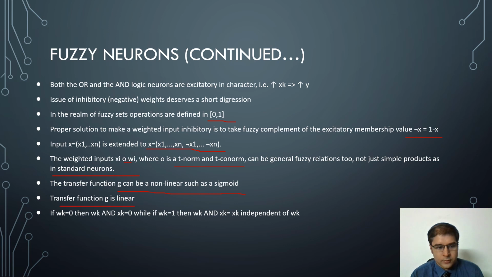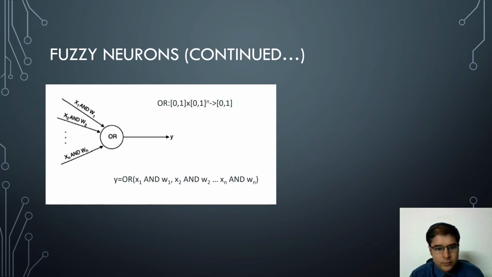If wk is equal to 0, then wk and xk is equal to 0, while if wk is equal to 1, then wk and xk is equal to xk independent of wk. So this basically shows the aggregator function used here is OR, and it simply works like this.